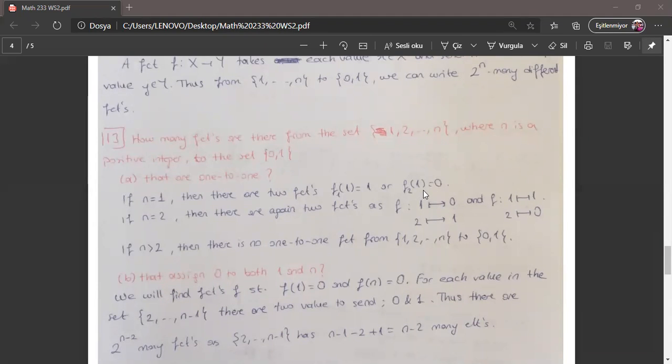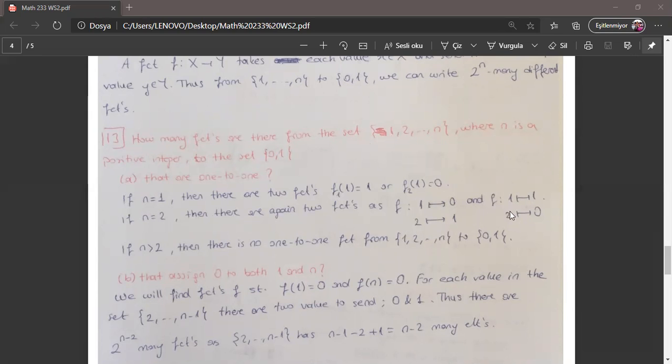So we have 2 functions. If n equals 2, then we have a function from 1, 2 to 0, 1. So 1 can take 0 or 1, and 2 can take 1 or 0.